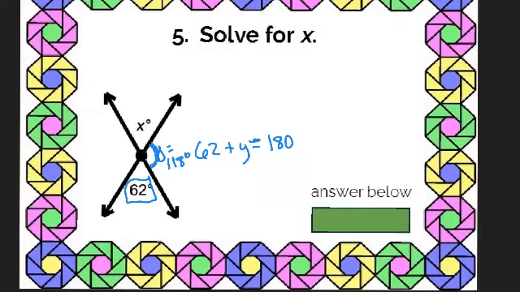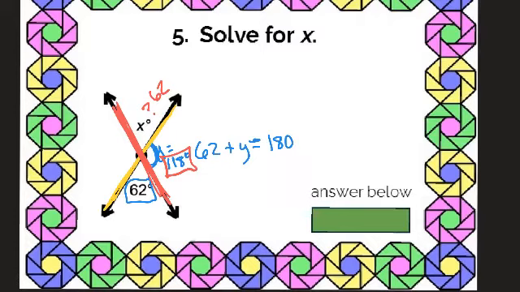So if we know that 62 plus 118 is 180, then let's look at my yellow one. So we were looking at this angle here, and we said that's 180, and so 62 plus 118 is 180, but we can also look at it from this perspective here. And we know that 118 plus what equals 180? Well, it's still 62, right?